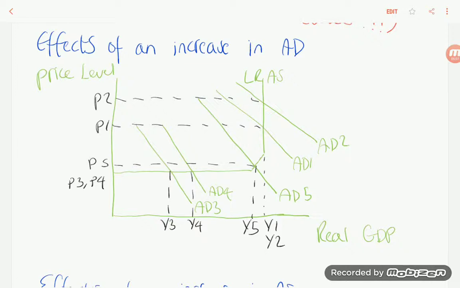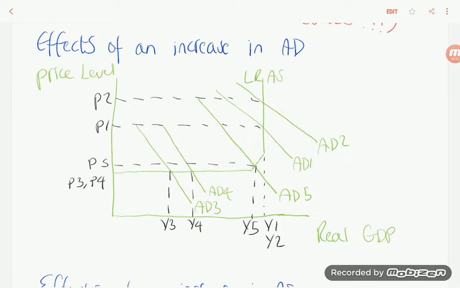If AD increases from AD1 to AD2, the effects are the same as those described earlier in my video. That is, there's an increase in prices, but no increase in output. This corresponds to an economy that's already operating at full capacity.